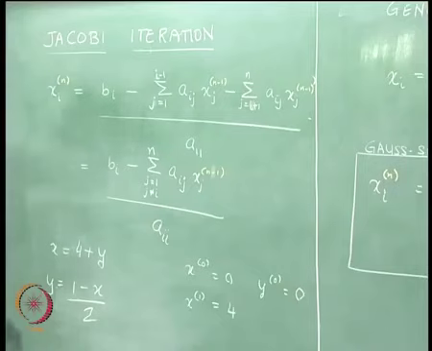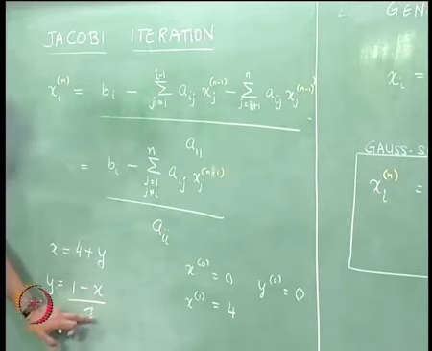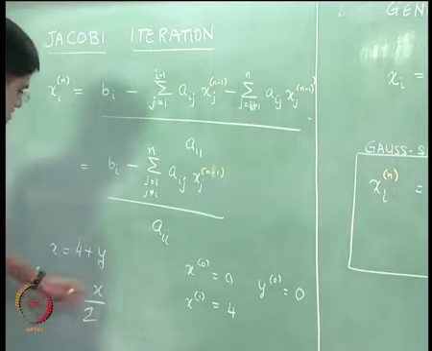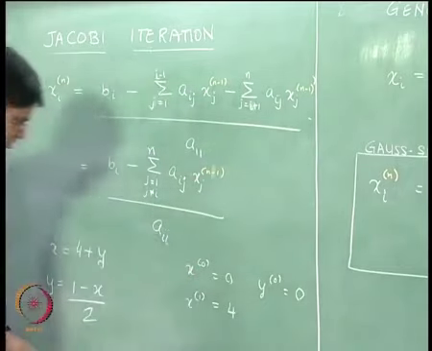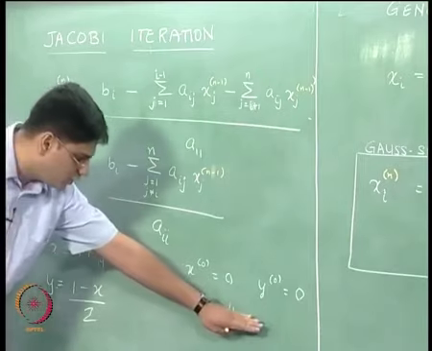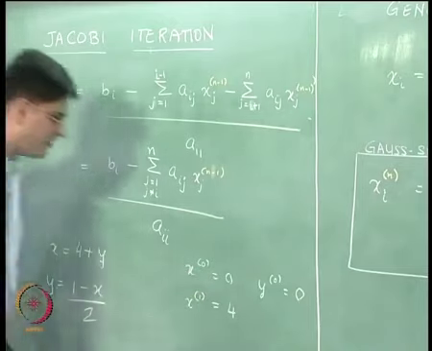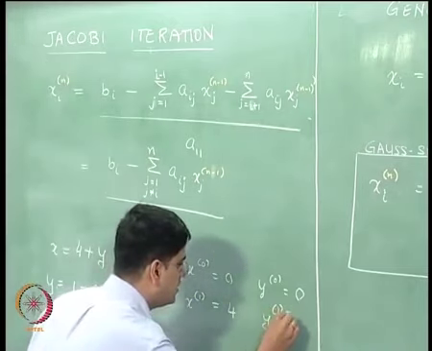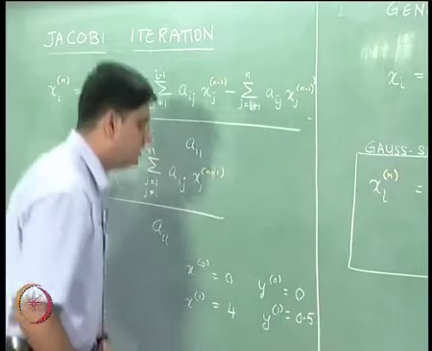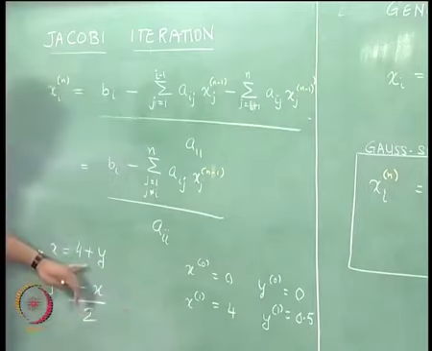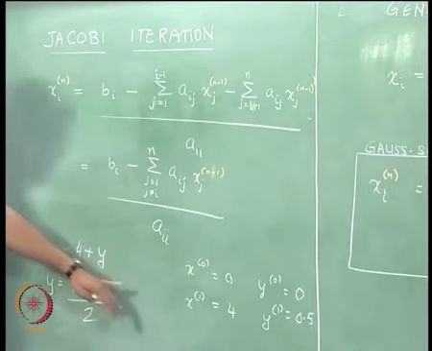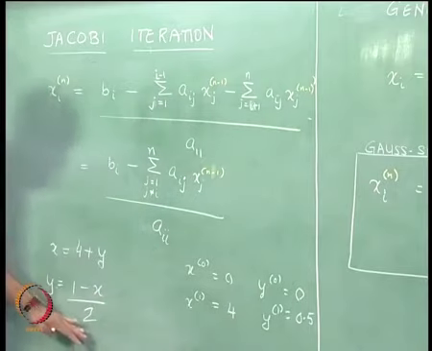What we did in the Gauss-Seidel method is then substitute this value of 4 in this equation, and we got 1 minus 4 divided by 2 equal to minus 1.5. But what we do in the Jacobi iteration is instead use the x0 and y0 values in these equations. So we do not use the latest value, we use the previous value x0 in this equation, so that y1 we are going to get equal to 0.5. Now we substitute the value of 0.5 in this equation to get the value of x, and we substitute the value of 4 in this particular equation to get the value of y.